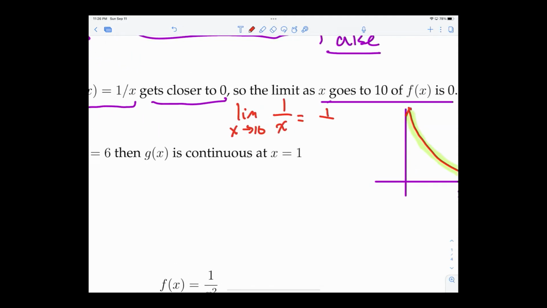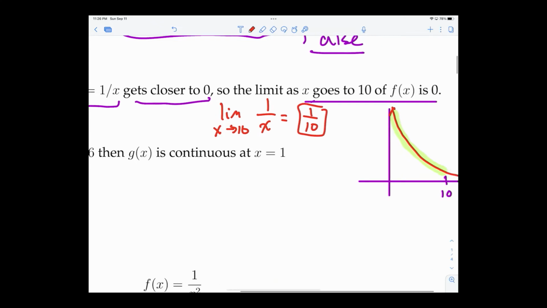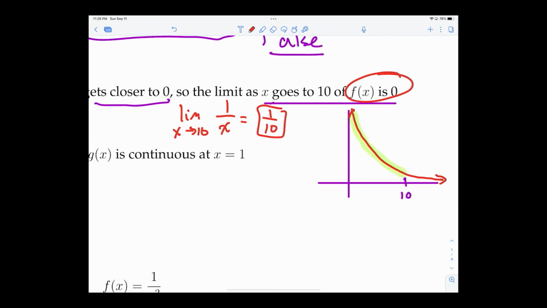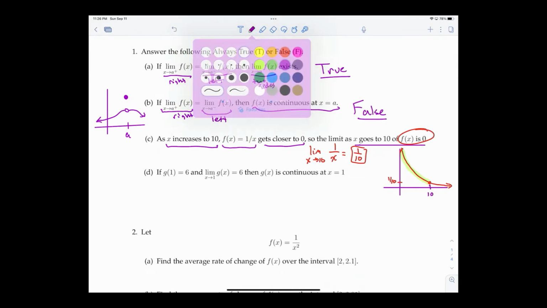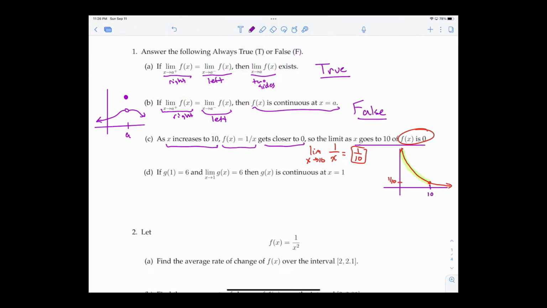There are no discontinuities there, so the limit is actually 1 over 10. There's no divide by 0, nothing happening. As x gets closer to 10, the y value gets closer to 1/10. It says the limit is 0, but the limit is not 0. So this is false.